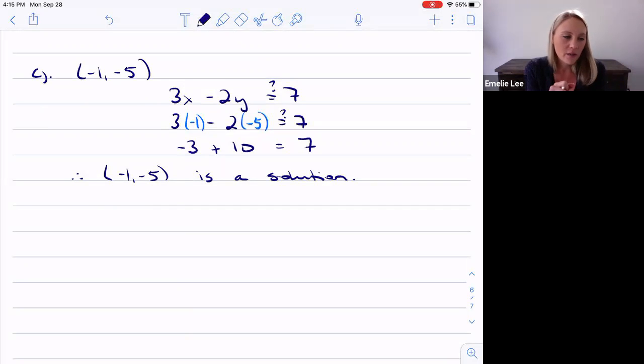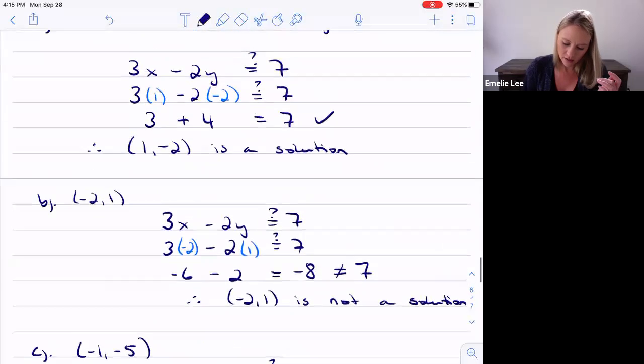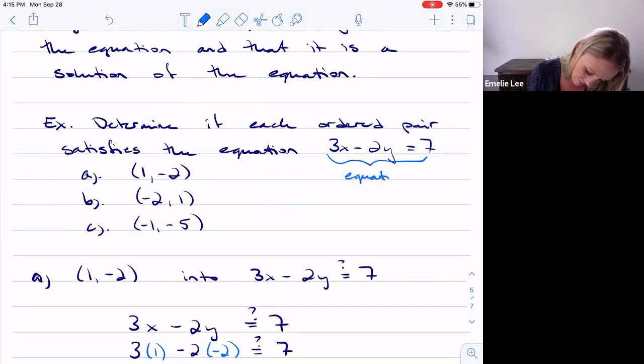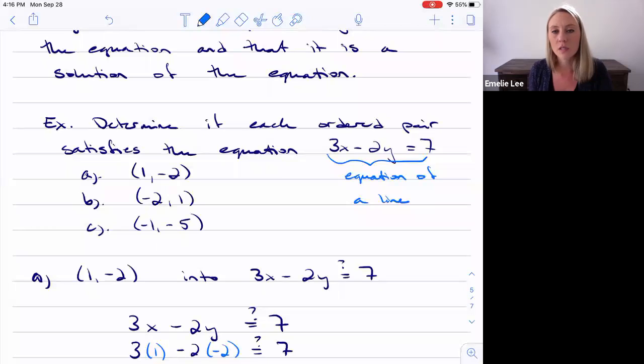We'll flesh this out a little bit more, but one thing I'll get you to start doing is recognize that this is an equation of a line. If there's an x and a y and you can rearrange it, you'll be able to rearrange it in the form y equals mx plus b. So here, we'll start to recognize that this is an equation of a line. I am jumping ahead, but it's good to point it out as we go.